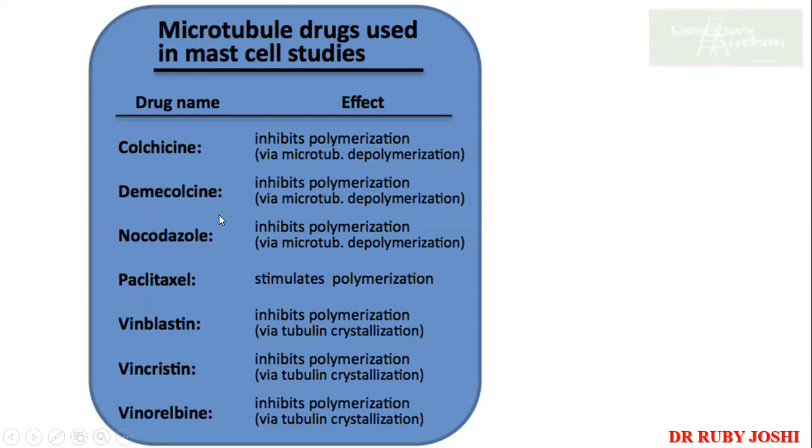Then colchicine, again polymerization. Nocodazole, polymerization. Paclitaxel is stimulating polymerization. Then vinblastine and vincristine inhibit polymerization. Vinorelbine inhibits polymerization. Now when you say via tubulin crystallization, what does it mean? It is blocking the addition of the tubulins.